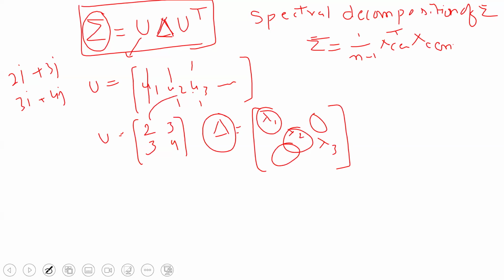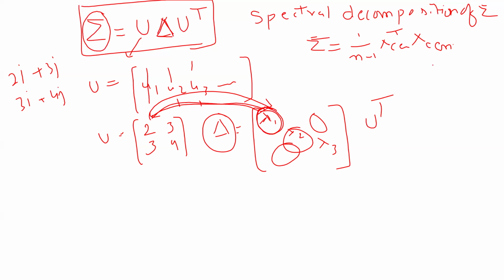The first eigenvalue's corresponding eigenvector comes in the first place, and then u transpose. That is what u, delta, and u transpose mean.